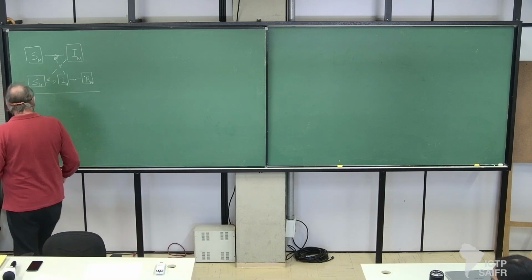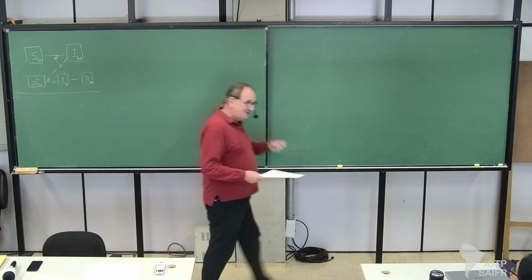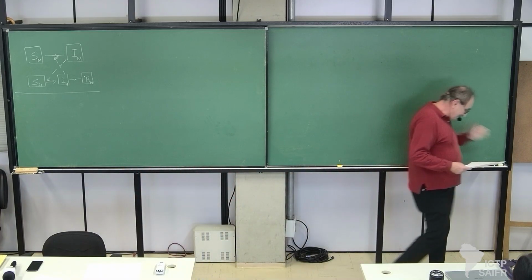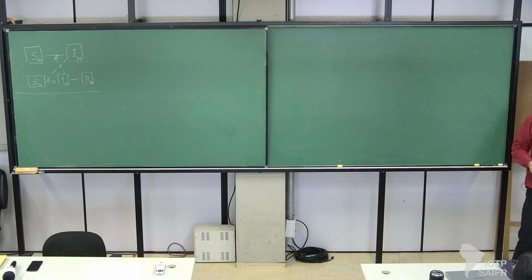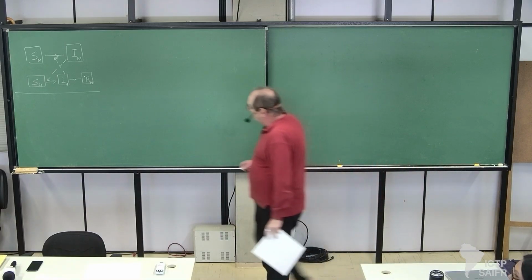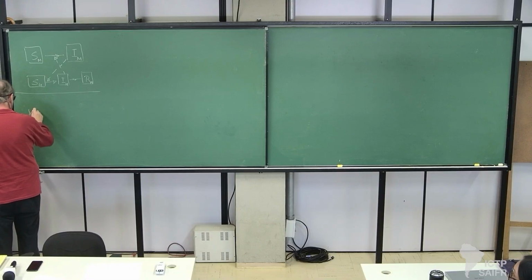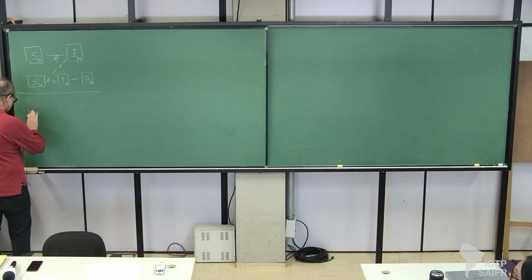So we will first consider the rate at which humans are bitten by a particular mosquito. I will call this R. And I will say that this R is some biting rate divided by the total number of humans.